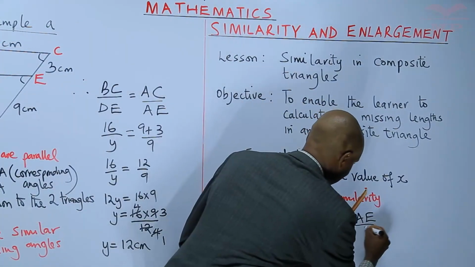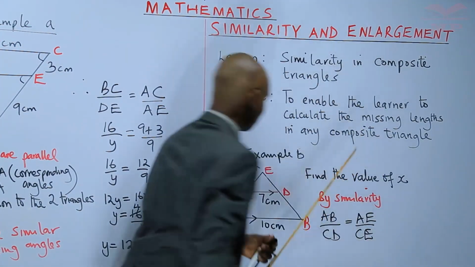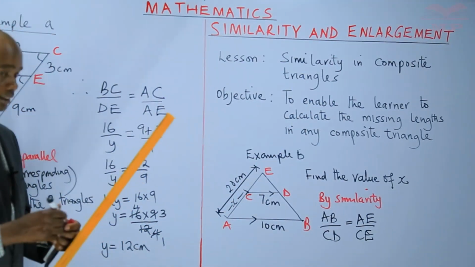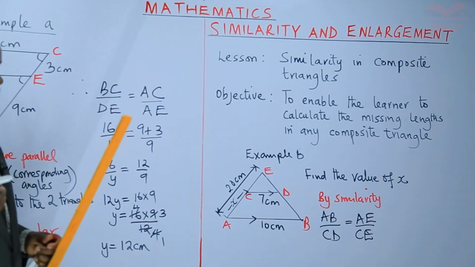So we shall first of all get CE. Once we get CE, we shall subtract from 20 to get x. So we shall move from there.